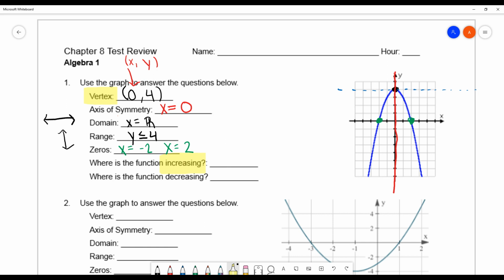On this one, my graph goes up on the left side of the axis of symmetry, okay? And so we represent this: we're going to have an x and a 0, just like my axis of symmetry. And my inequality arrow, because it's only on the left side of 0 that it's going up, should be pointing to the left, because it's on the left side.